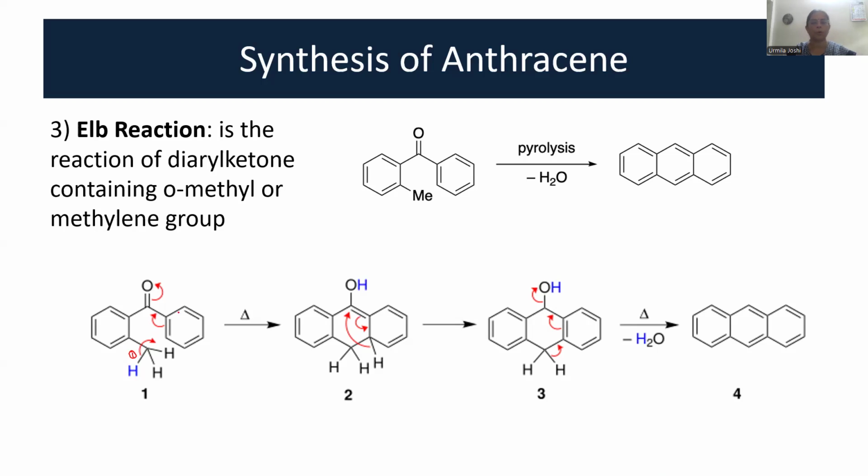So this double bond also breaks and oxygen retains the electrons. Okay. Now, you can follow the mechanism in this way. Of course, this is not part of your syllabus, but those who are interested can do that. Okay. So this is the Elbs reaction, that is a ketone pyrolysis.